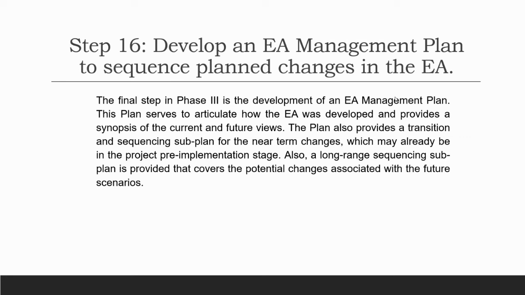The EA management plan also includes the description of the architecture's present and future perspective, as well as a sequencing strategy for managing the transition to the future business technology operating environment. When we say management plan, it is also a live document that is required to reap the benefits of enterprise architecture.